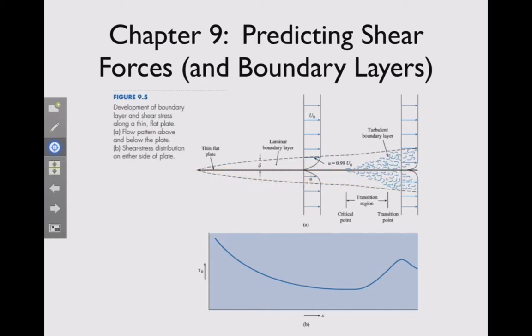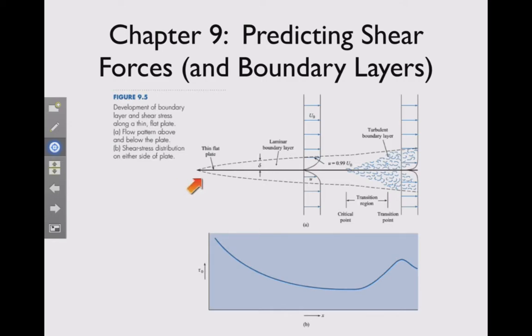And this plate has been placed inside a velocity structure. In this case, the velocity is flowing from left to right, and it's uniform and steady to begin with. Out here, you would have a very uniform and steady flow at what we call the free stream velocity of u naught.